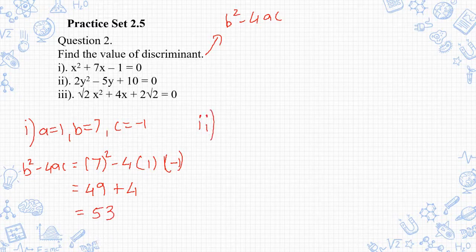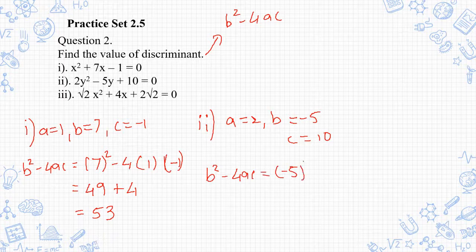Similarly, if you see the second one, a is 2, b is minus 5, and c is 10. Do the same thing, b square minus 4ac. So this will be minus 5 square minus 4 into a, that is 2, and c, that is 10.